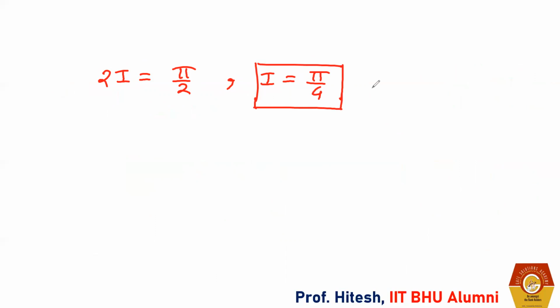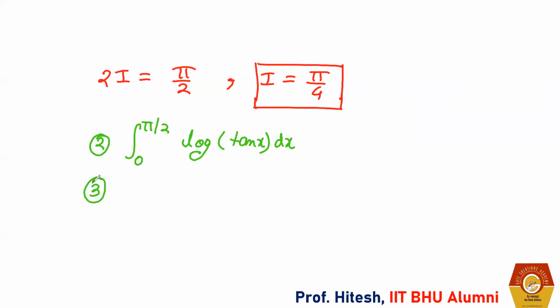So based on this, let me give you 3 questions for your practice. Second is the integral from 0 to pi upon 2 of log tan x. Okay, confirm the answer, WhatsApp me.